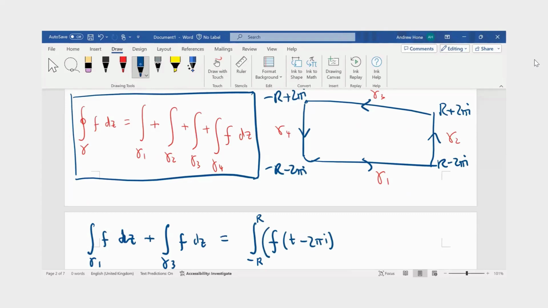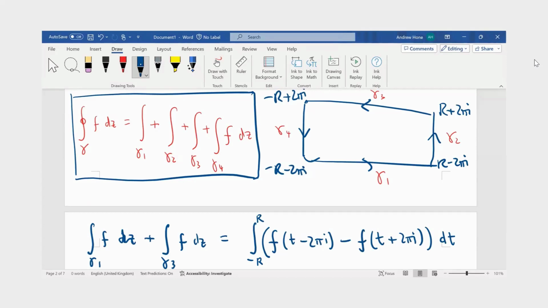And then the integral on the top, gamma 3, is going in the opposite direction, the real part is going down from R to minus R. But that's the same as integrating in the opposite direction, minus that gives you minus f of (t plus 2 pi i) dt. Okay, so that's some integral that we have to work out.